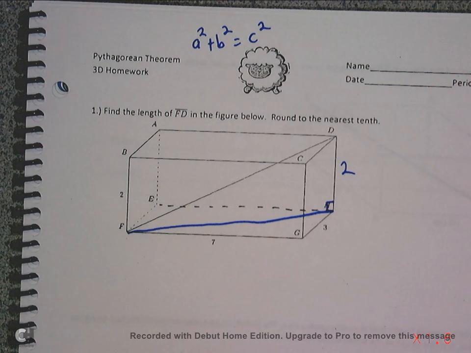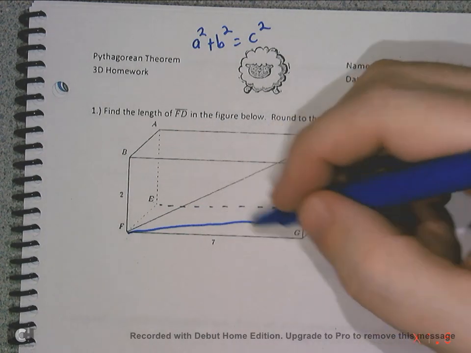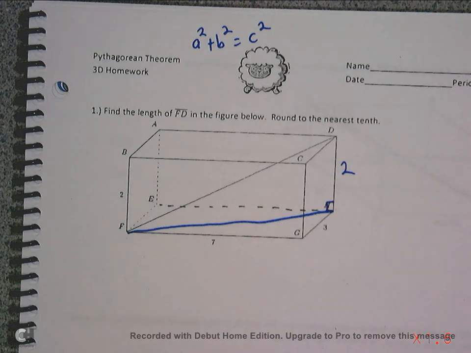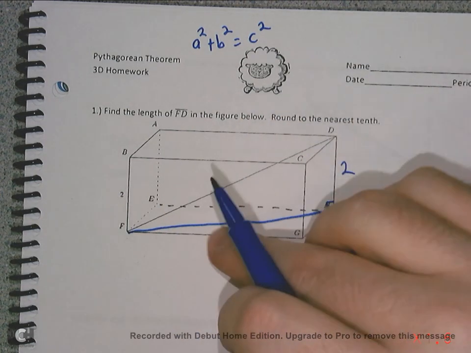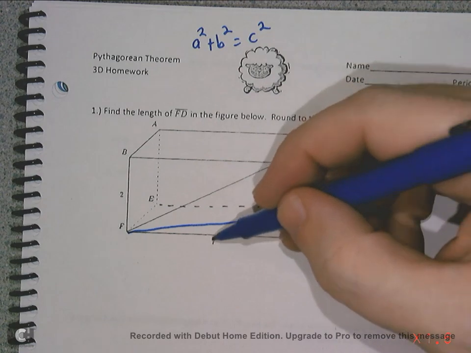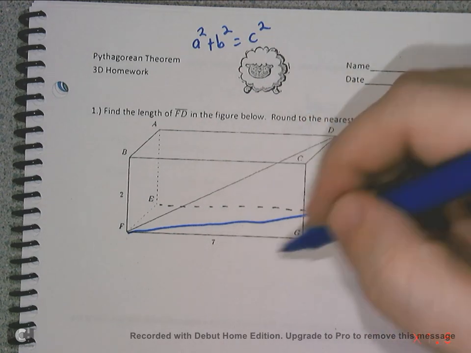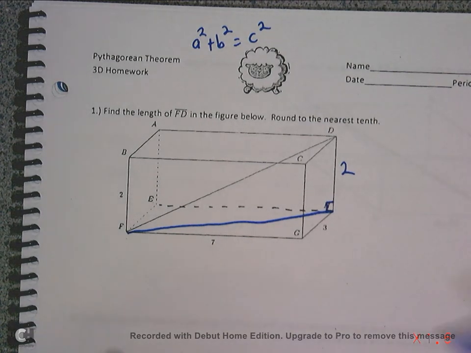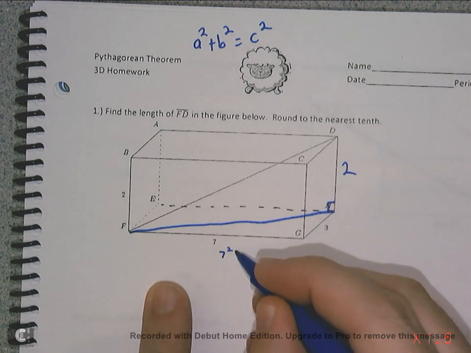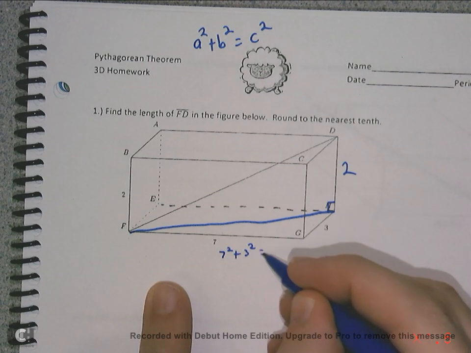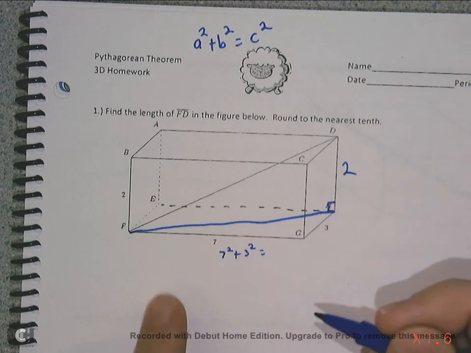Now, what I need to know is one of these other sides. I can't solve this without knowing this side, but I could solve this bottom one, because I could use the Pythagorean theorem. So I could do 7 squared plus 3 squared equals that side squared.